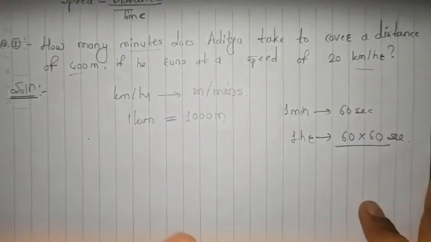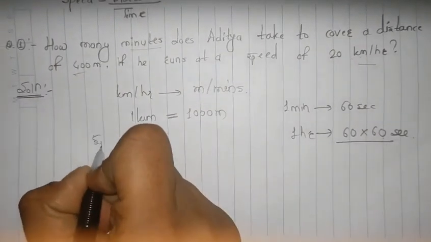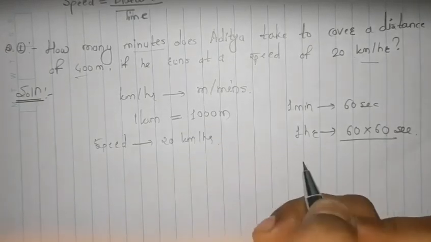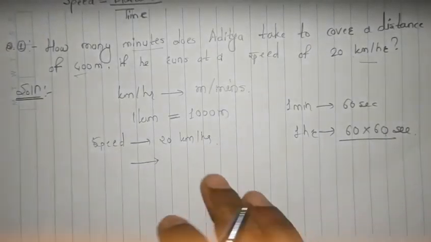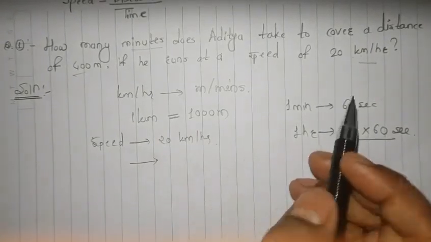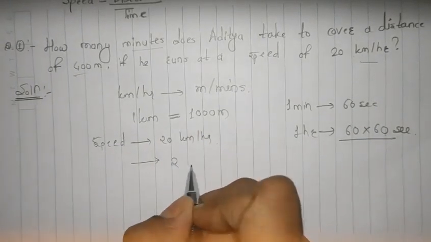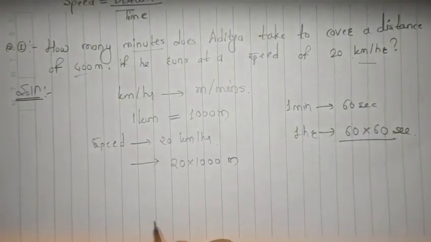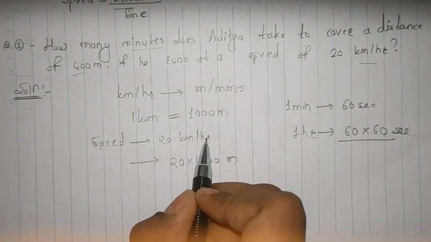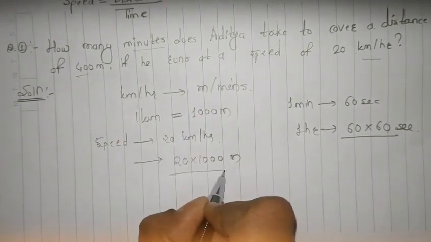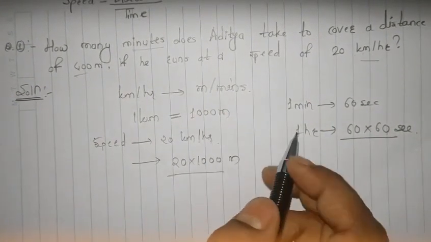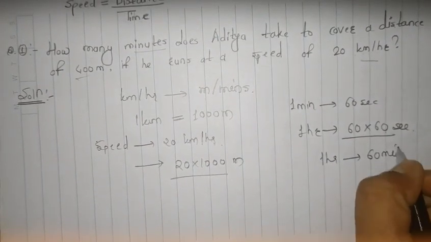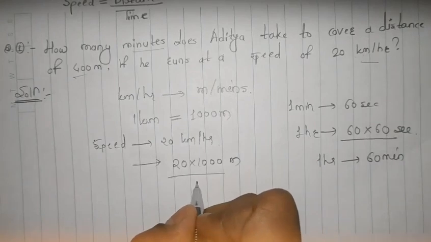Now converting the speed, we have a speed of 20 km per hour, right? If you want to convert this 20 km per hour into meters per minute, what would happen? First of all, kilometer to meter means 20 into 1000 meters. Now in the denominator we have hours, so convert these hours into minutes. 1 hour is 60 minutes, so divide the whole thing by 60.